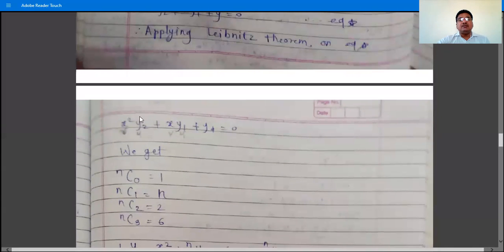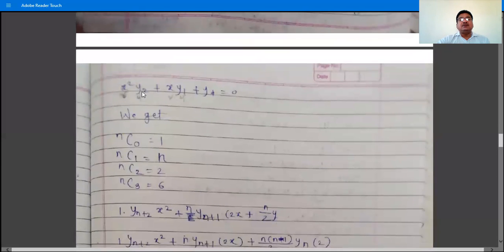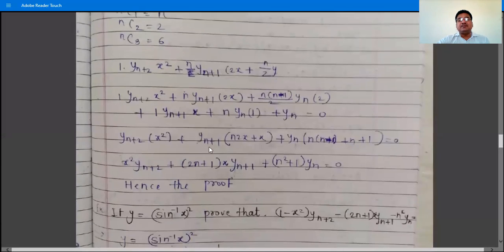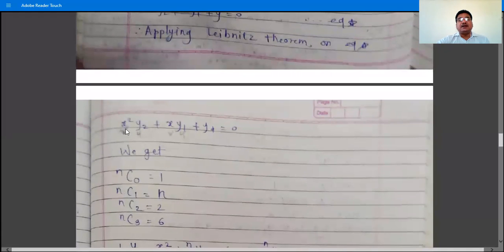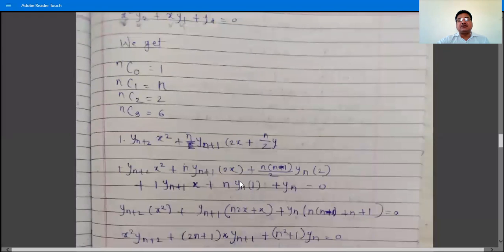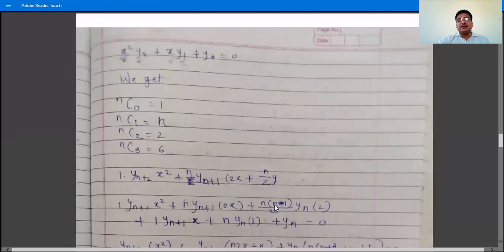Then u n minus 1 means the derivative of y2 of n minus 1 order. And it is what? 2 plus n minus 1, that is n plus 1. 2x. What is 2x? v1 is what? 2x, derivative of x square. Plus next term is nc2, value is n into n minus 1 by 2 factorial, means 2.